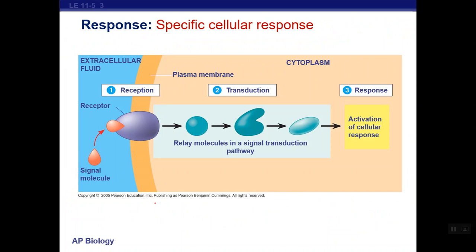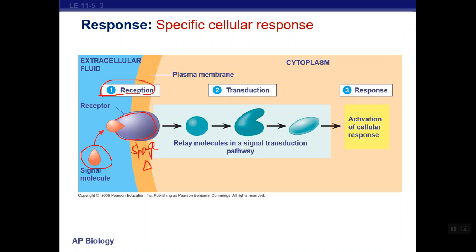There are three main steps in cell communication. The first is receiving of the signal. Here's your signal molecule, and it usually attaches to a protein receptor. Not always a protein, but for the most part, they are proteins. That receptor is going to have a shape change, and we'll see this more in a second.